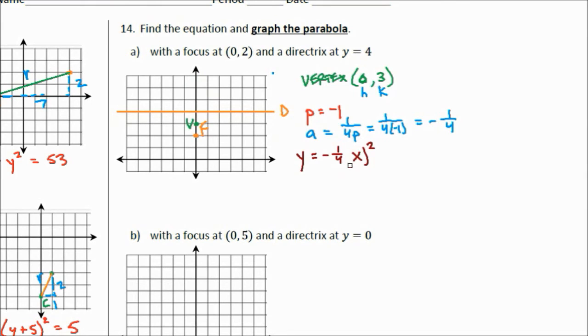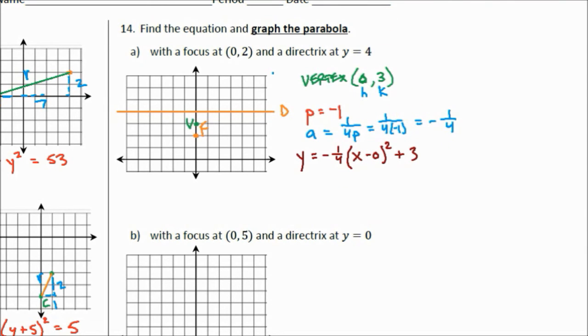They don't really do anything. You know what? I'm just going to do it this way, class, just so we see clearly. This is x minus 0 squared, and then we keep the sign of k, plus 3. Of course, you can write this as negative 1/4 x squared plus 3. You don't have to put the 0 since that doesn't change our equation.